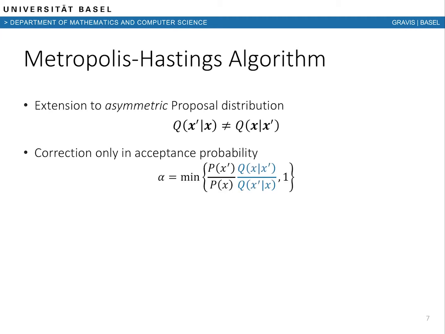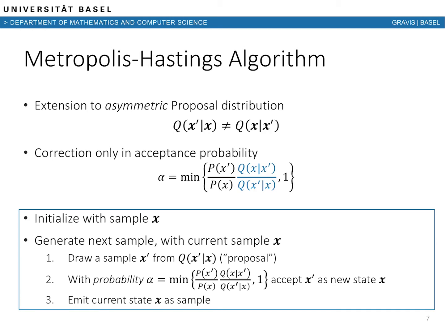The correction is rather simple: this alpha value, which is the probability of accepting a new sample, would just be extended by an additional part where an explicit correction of the transition ratios is made. And that's the only change required. So the whole algorithm would look like this, the same as before, but with this additional correction factor.